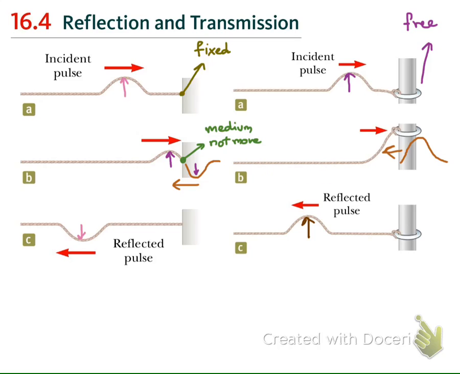Okay, so once the pulse passes through the boundary, the imaginary pulse will become a real pulse, and it will have the same phase as the incident pulse.